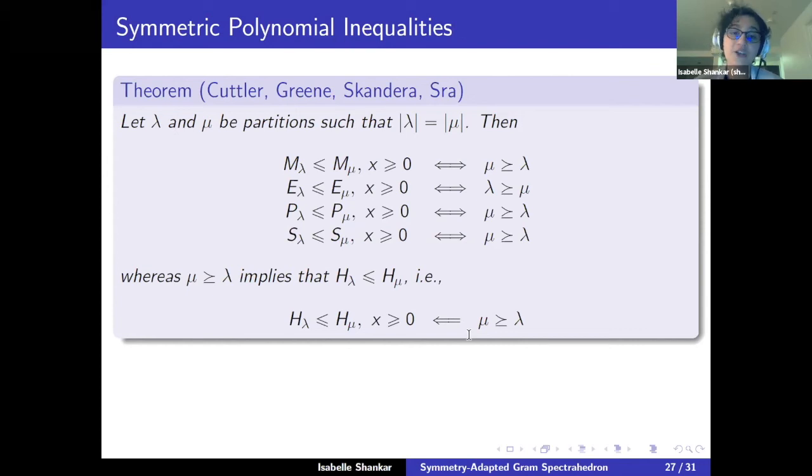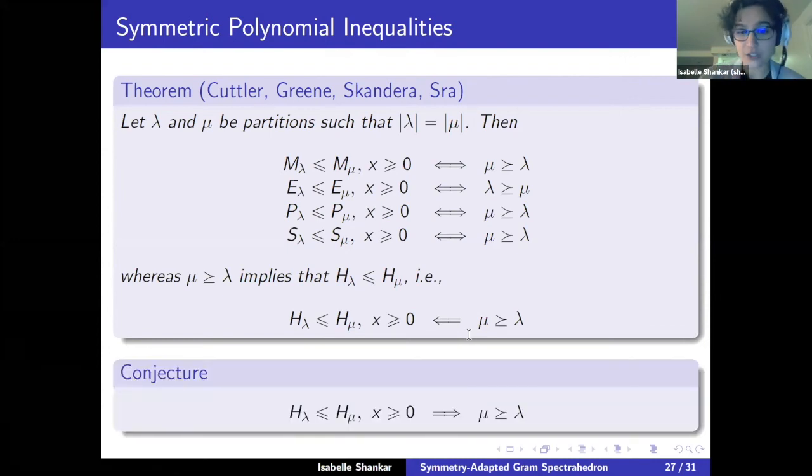They conjectured that the other direction was true as well. But luckily, Professor Green came to our combinatorics seminar at Berkeley and talked about these inequalities and said he doesn't think the conjecture is true. So I thought, why don't we use sums of squares and see if maybe we can disprove the conjecture.